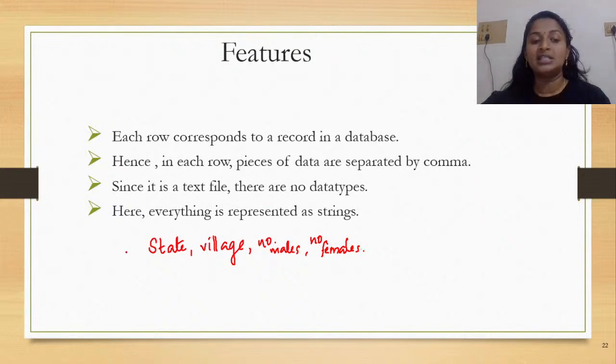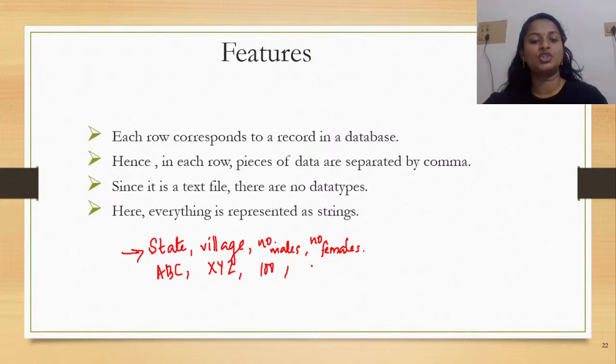See that the first row would be your header. It would be like state comma village comma male count comma female count. From the second row onwards, you would have values. So how would you write? Imagine you're writing some state name ABC, the village name XYZ, followed by some numbers, say 100 and 110.